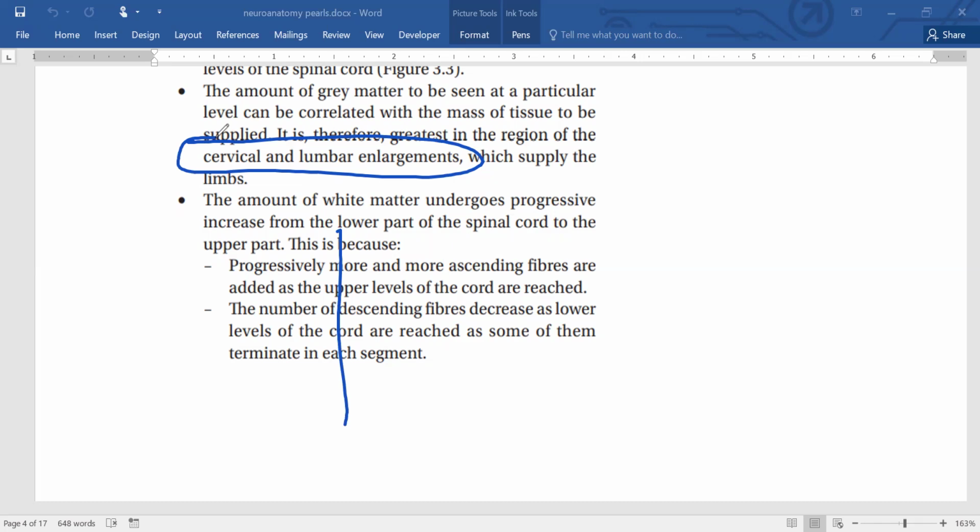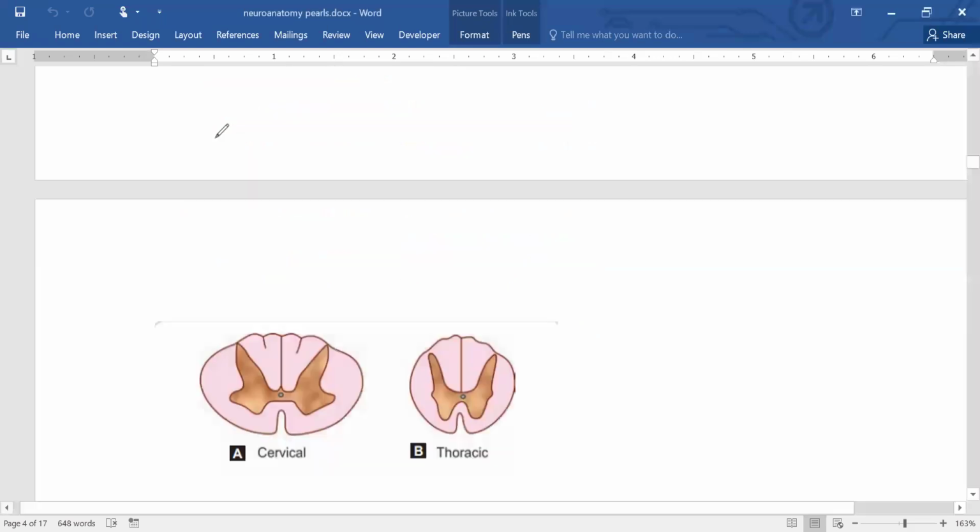So the gray matter increases in the enlargements of the spinal cord, that is the cervical and lumbar, and this thickness is due to the increase in the gray matter, and the white matter is more in the upper segments of the spinal cord, that is, in the cervical segment it is more. You can see here, this is a picture.